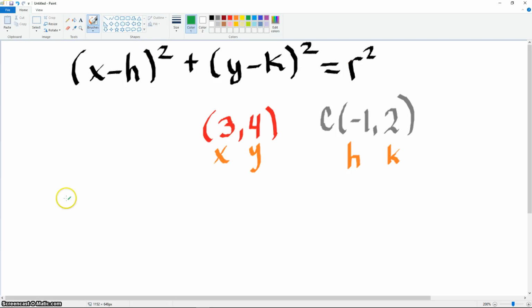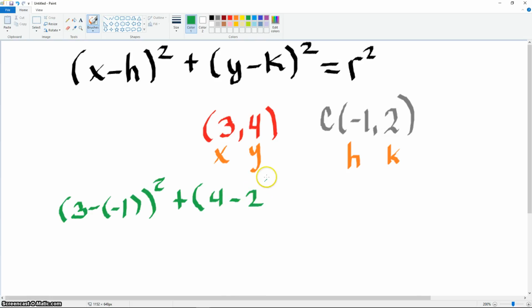We have x, which in this case is 3, minus h, which in this case is -1, and we're going to have to square it, plus y, which in this case is 4, minus k, which in this case is 2, square it, and that's going to give us r squared.